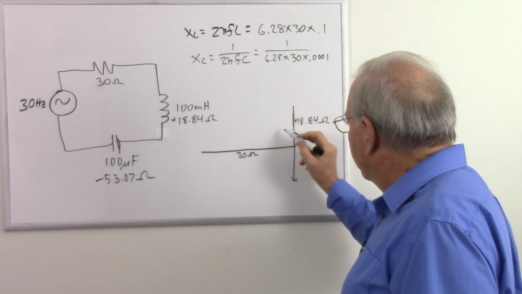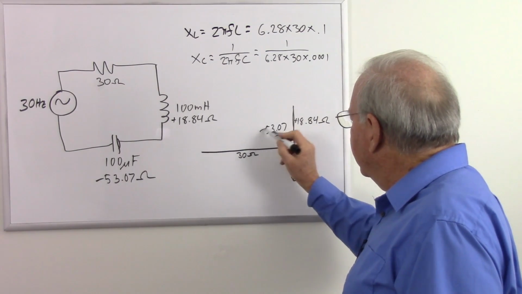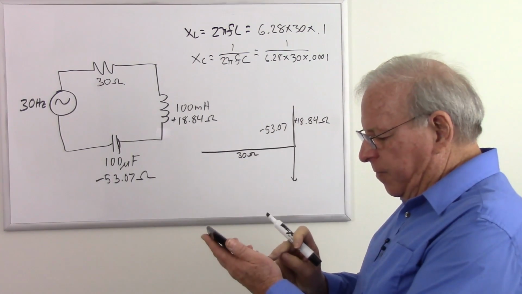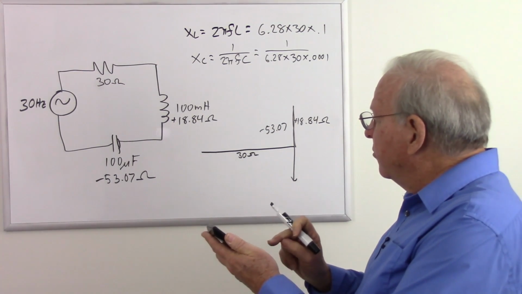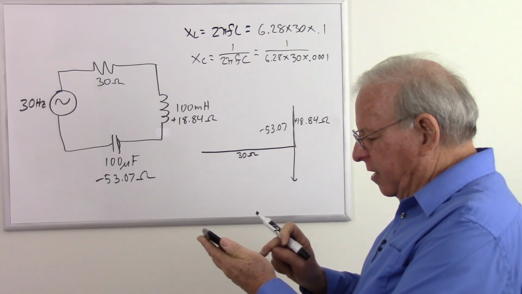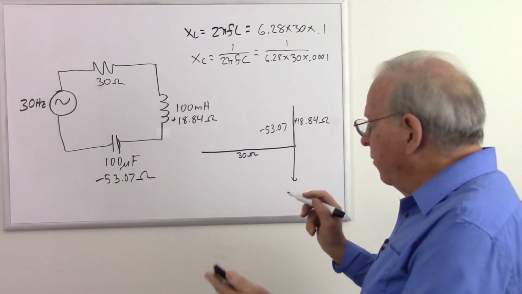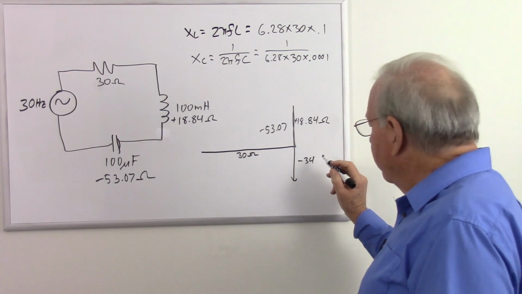So that's going to be 18.84 minus 53.07 equals minus 34.23.